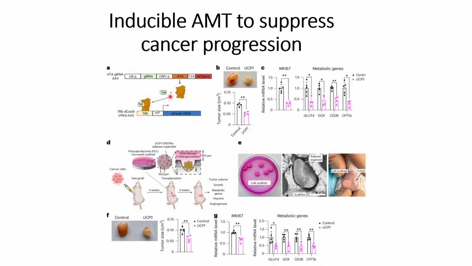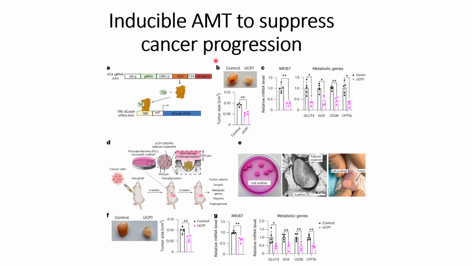So when all these three things are present, that is the RTTA guide RNA AAV virus, the TRE DCAS9 VP64 AAV, and also the doxycycline, then we can see this DCAS9 VP64 signal.